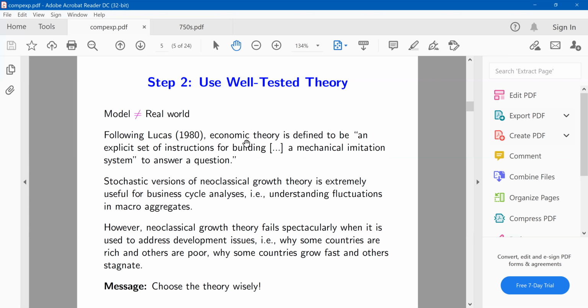Okay, so if you follow Lucas, economic theory is defined to be an explicit set of instructions for building a mechanical imitation system to answer a question. So this is important: a mechanical imitation system.